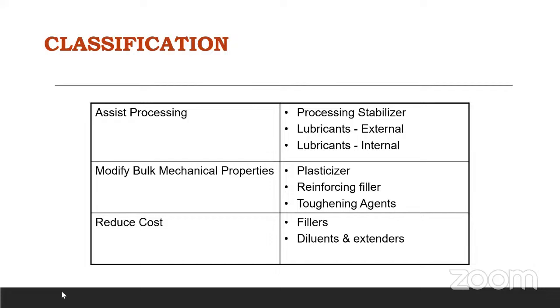These processing stabilizers prevent the polymers from degrading when they are exposed to heat and oxygen during production or processing. Because these added stabilizers stop the oxidation process, which generally leads to discoloration and brittleness.